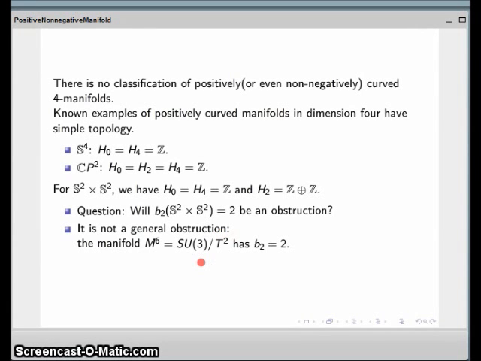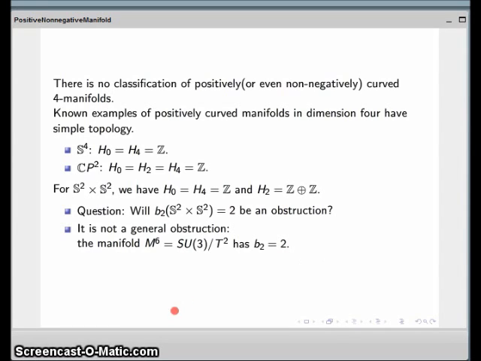But this is not a general obstruction in high dimension, because in 6 dimensions there is another manifold that also has H2 equal to Z plus Z. Okay, so this is for positively curved manifolds in low dimensions. We have classification in dimensions 2 and 3, and we have one big open problem in 4 dimensions.